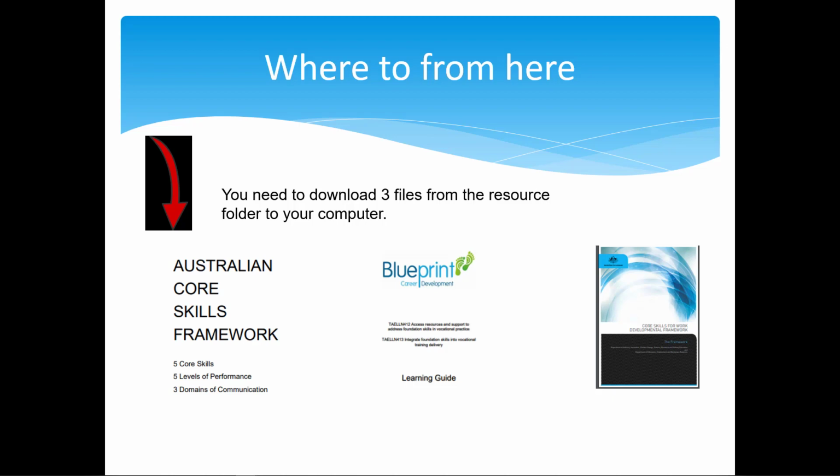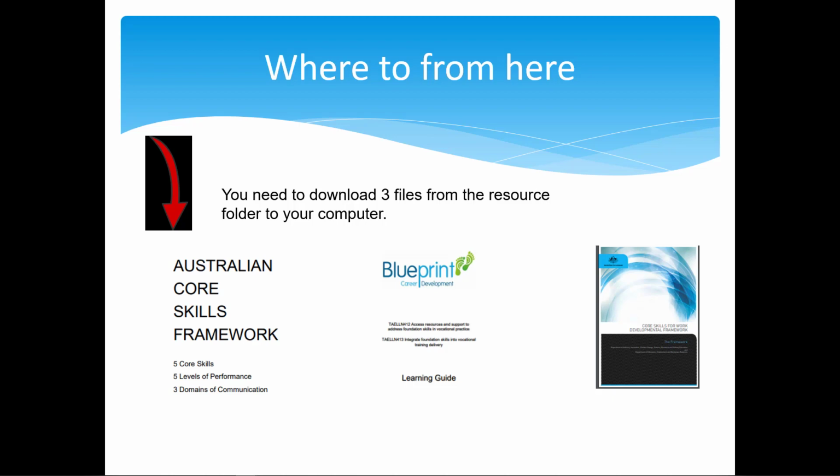So where to from here? Most importantly, you need to download 3 files from the resource folder to your computer. They are the Australian Core Skills Framework, the Blueprint Training Manual, and the Core Skills for Work framework.